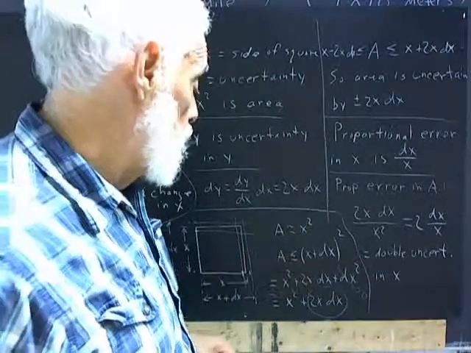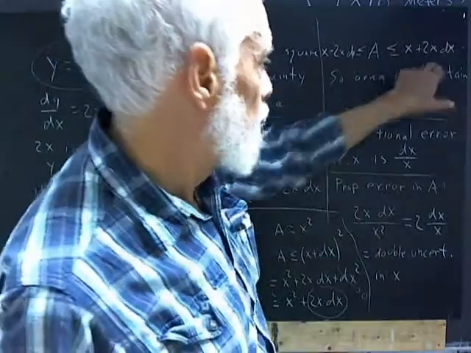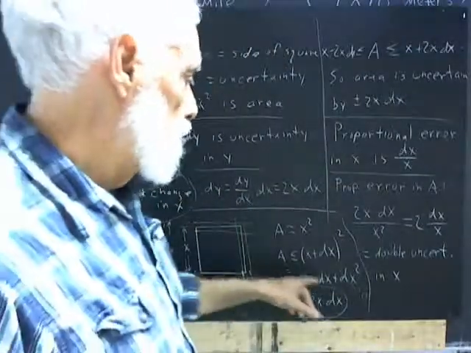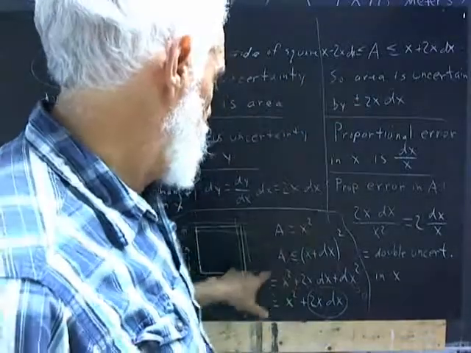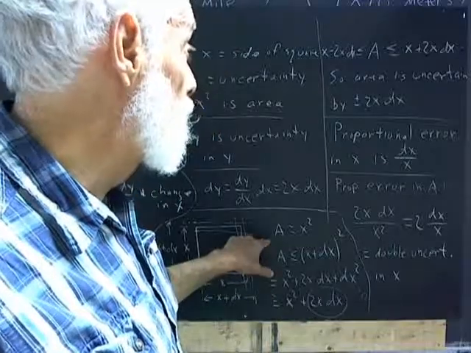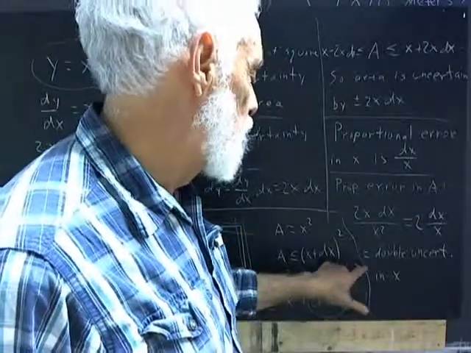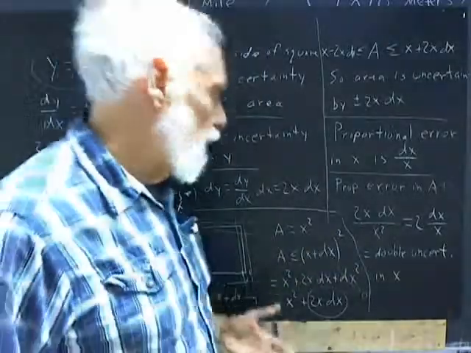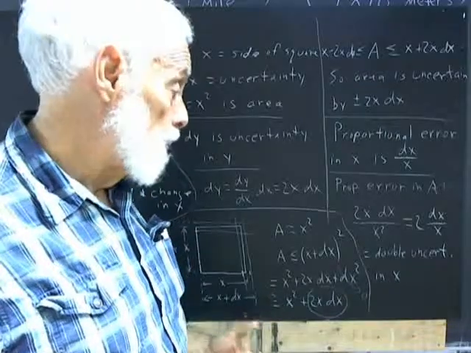So you have a three-way inequality here, and I'm going to claim that it works out like this if you, again, use the idea that dx squared becomes negligible. So the inequality you would get by setting A greater than or equal to (x - dx) squared leads to this inequality to the extent that dx squared is negligible.